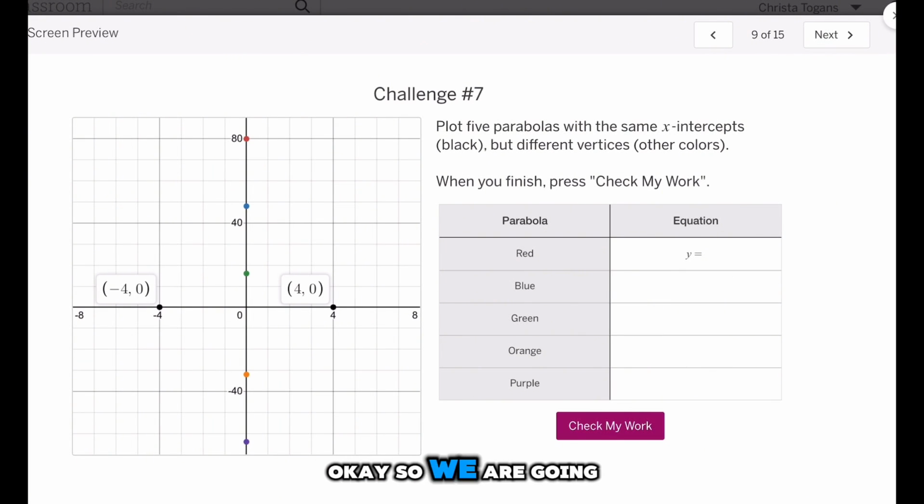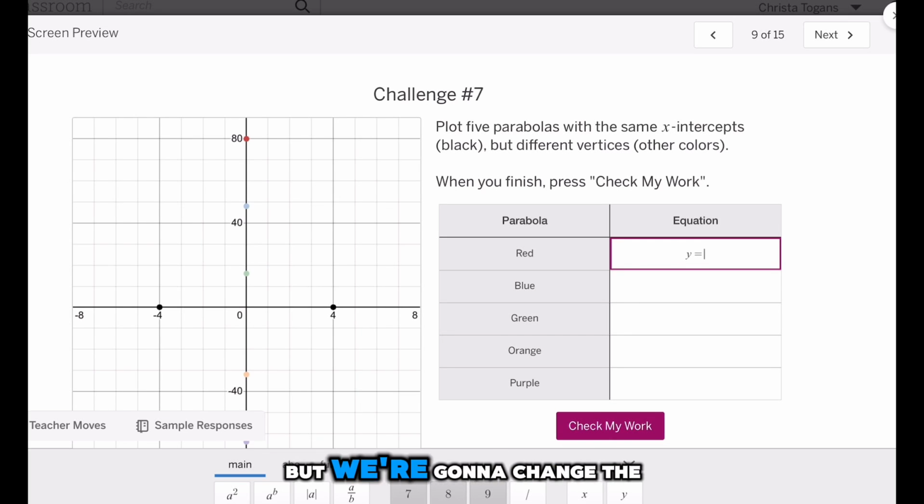Okay, so we are going to use the same intercept form, but we're going to change the number in front of the function, or the a value. And remember, when we multiply two expressions in parentheses, we get the x squared.